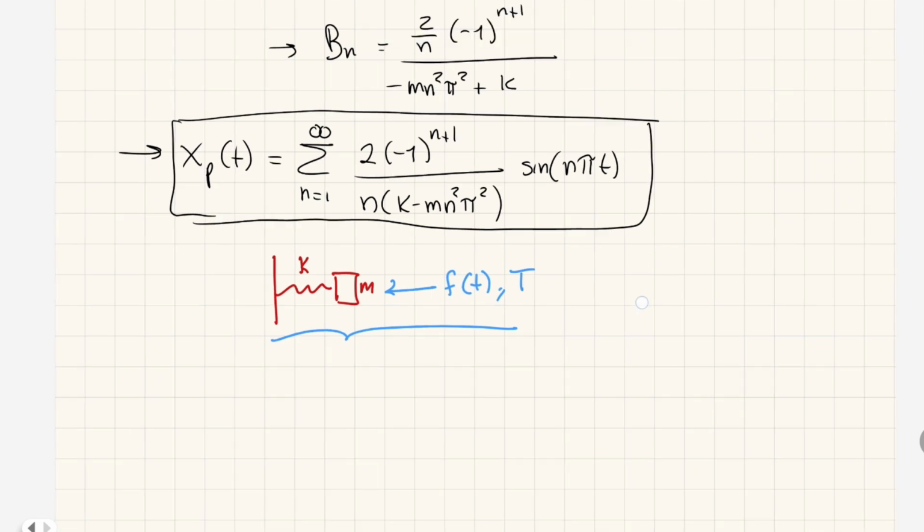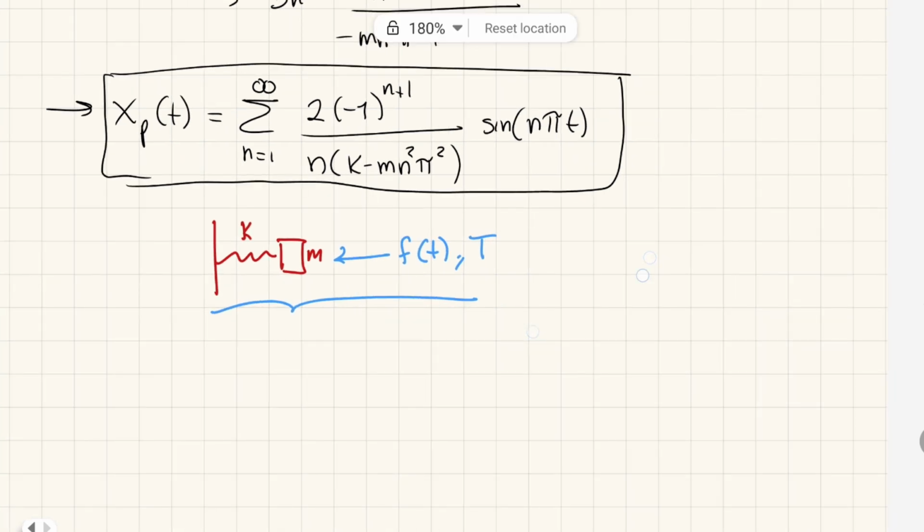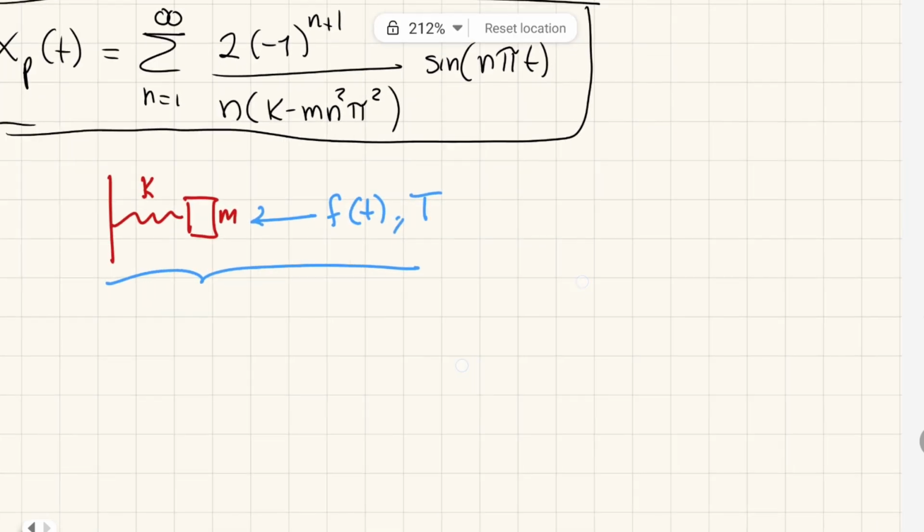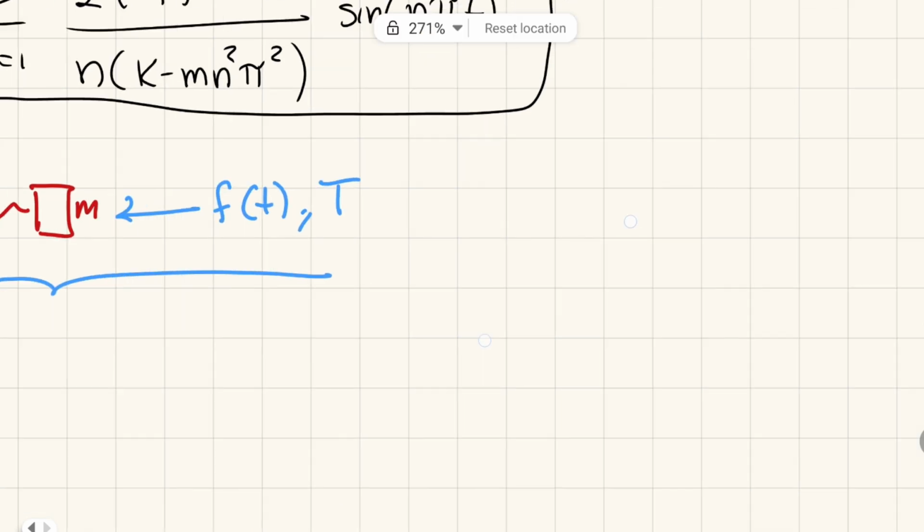An important fact of this is that the Fourier series depends on the sine of n pi t divided by p.